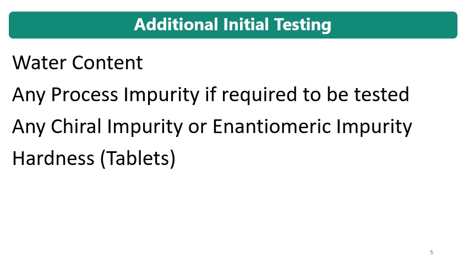So additional tests are water content or LOD, and any process impurity if it is required to be monitored. If you know that the process impurity is there in the API, you want to monitor it to understand whether it is process plus degradant or only process in the formulation also. Any chiral impurity or enantiomeric impurity is required to be tested through the additional tests.